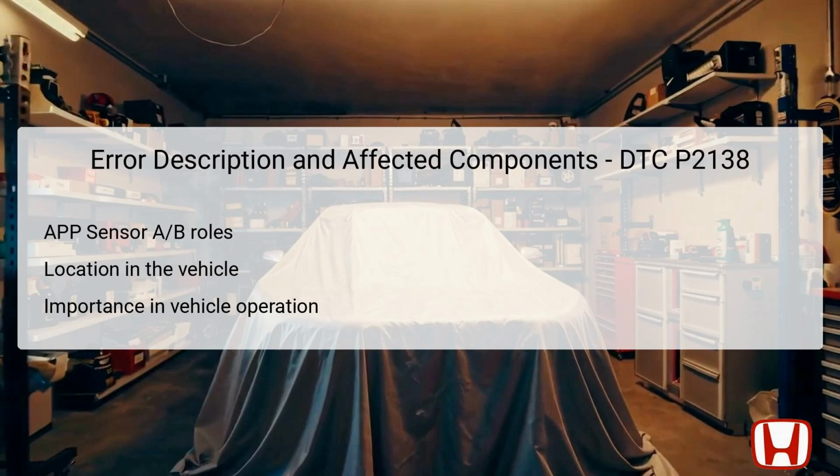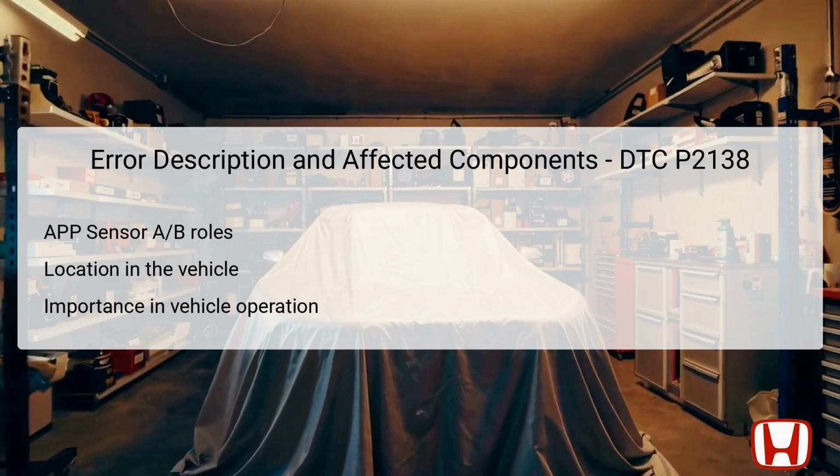Located at the base of the accelerator pedal assembly, they send voltage signals corresponding to their position, which the PCM then interprets. If the voltage signals from these two sensors do not align closely, the P2138 code is triggered, indicating a problem that may involve either the sensors themselves or related wiring.